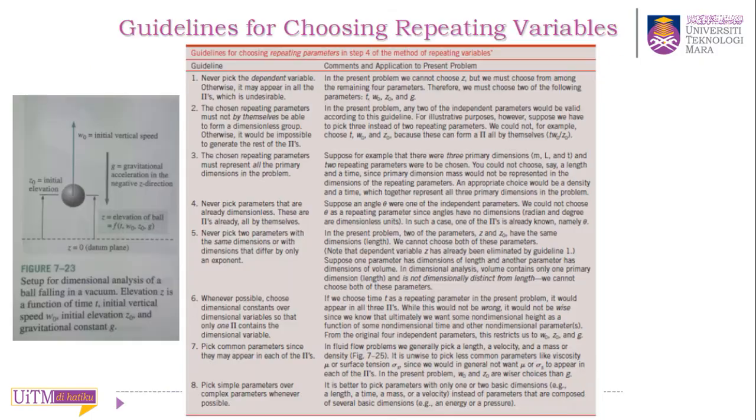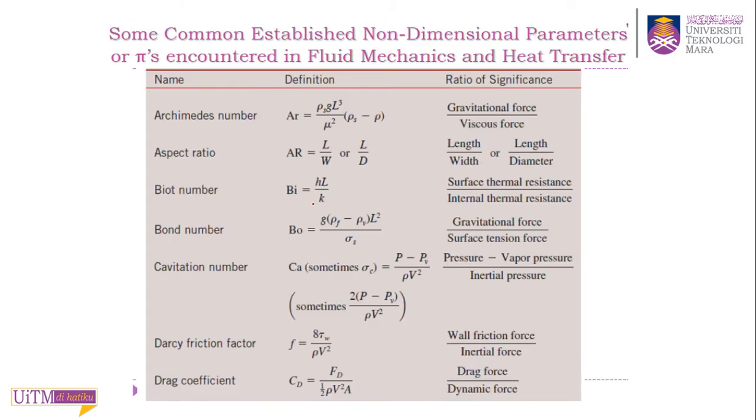So I show you the appendix. These are examples of the common established non-dimensional parameters. You have seen the Archimedes number, the Darcy friction factor. This is what we learned in chapter 4, when we wanted to calculate the major loss and the minor loss, we found this friction factor from the equation for laminar flow, 64 over Reynolds number, or you find it from the Moody chart.